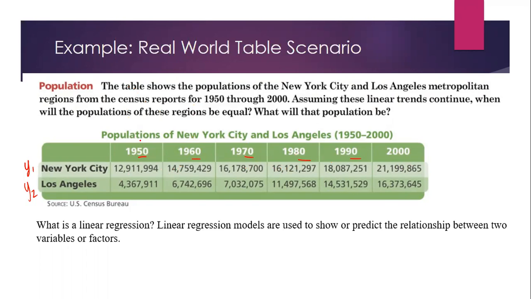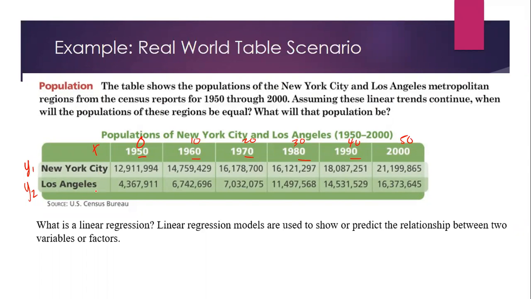Or we can say 1950 is our 0, and this is 10 years after the 0, this is 20 years after, this is 30 years, this is 40 years, this is 50 years. Does that make sense? So we adjust it so that you're not dealing with ridiculously large numbers as your X values. So this is our X.